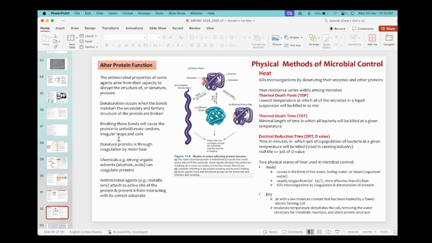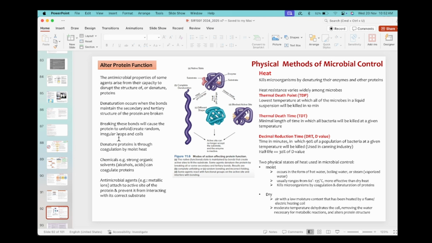Then you can also have antimicrobial agents that alter the protein function. So protein usually can be a 2D or 3D structure. With heat, you can denature the protein. Okay? pH change can also denature the protein, and some heavy metals can also inhibit the protein activity by blocking the active sites.